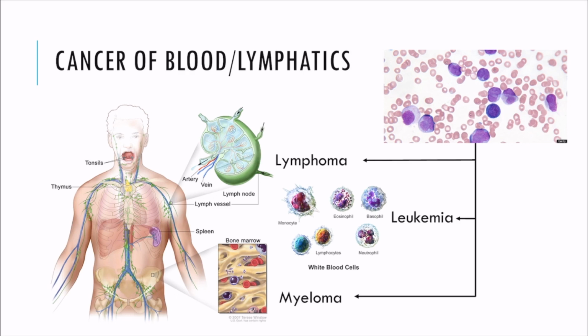We will say these again, but if you're writing them down as you go, I realized I rattled those off pretty quickly. So lymphomas start in the lymph nodes, leukemias start in the bone marrow or blood, and myelomas are cancer of plasma cells.